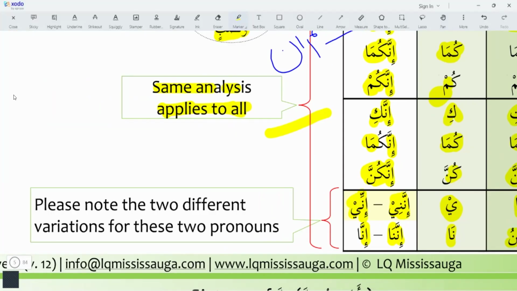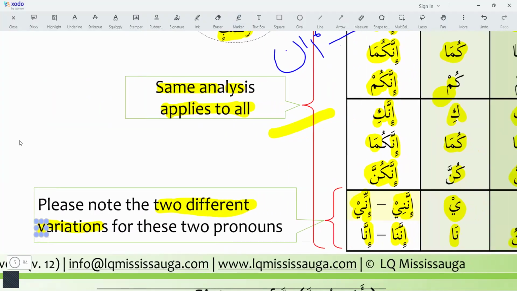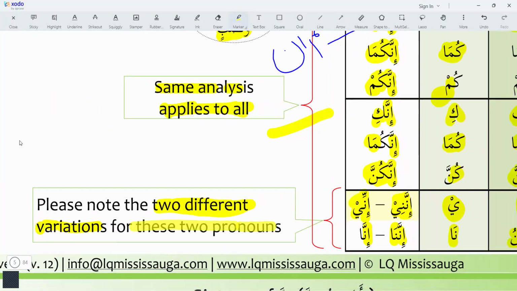Please note the two different variations for these two pronouns.